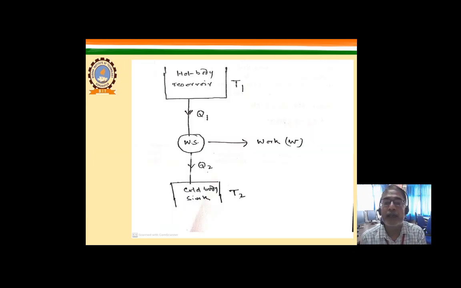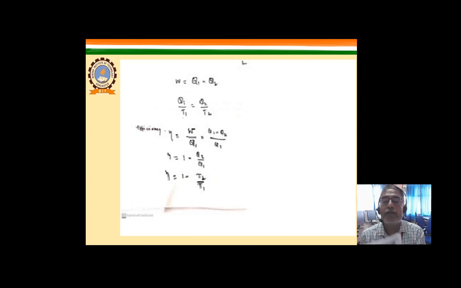Now we can see that there is a hot body reservoir at temperature T1, and heat Q1 is discharged from there. The piston does work, then Q2 goes to the cold body where the temperature is low, that is T2. The formula: work is equal to Q1 minus Q2.